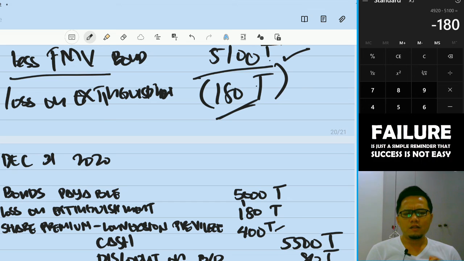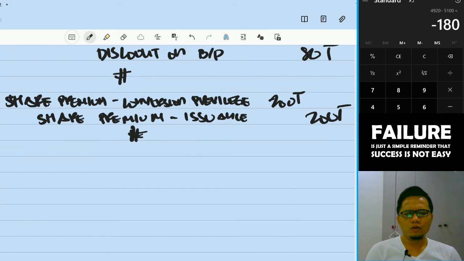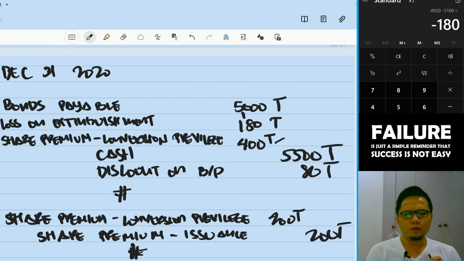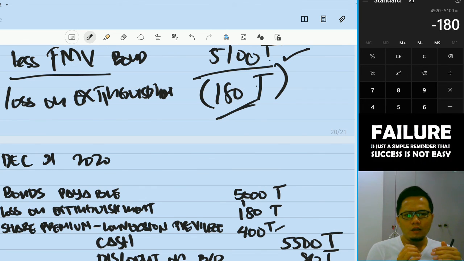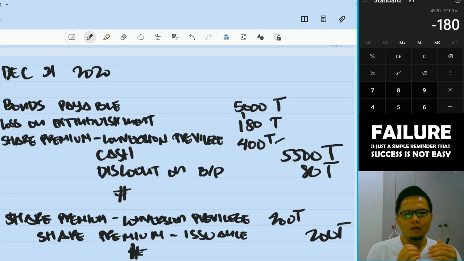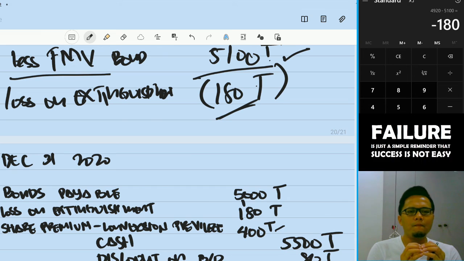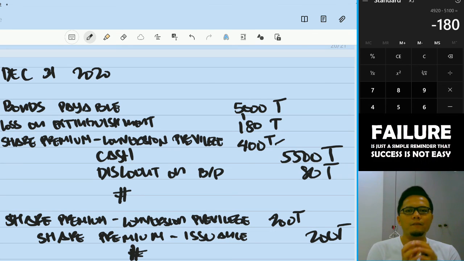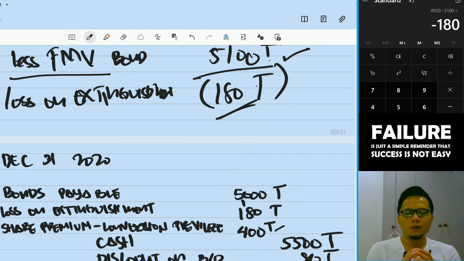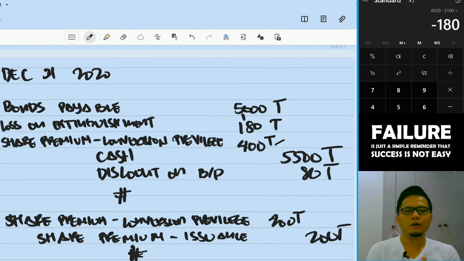The difference is that in this scenario, the extinguishment price is the allocated price for the liability portion. So we need to allocate as if the same during issuance, allocate first to the liability portion using the fair market value of the liability if it is known. If it is unknown, then we'll use the present value.